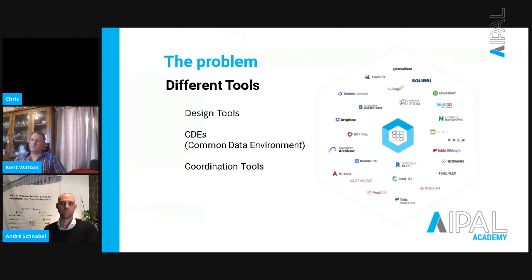Yeah, still number one CAD tool. And then we have the CDEs, the common data environments like BIM 360. More and more people use Dropbox, things like that, or Trimble Connect. And on top of that, we have the coordination tools coming from different vendors. So Autodesk Navisworks, Solibri, yeah, a couple of things.